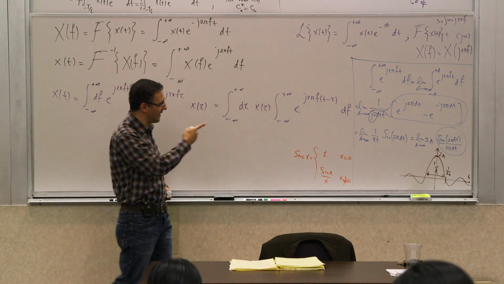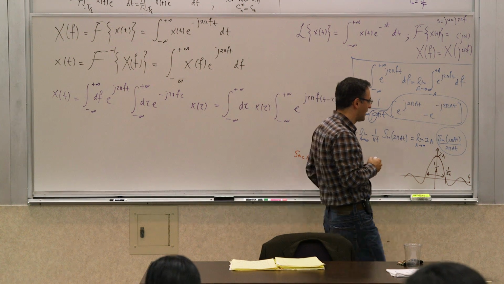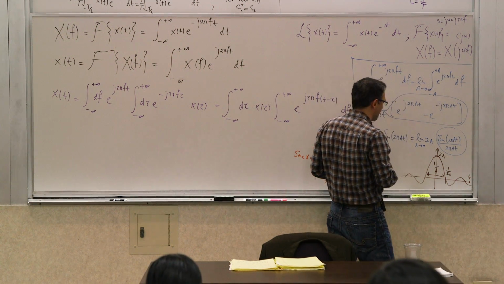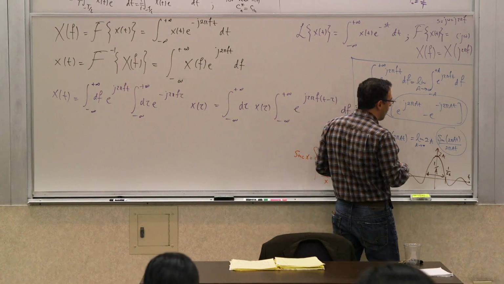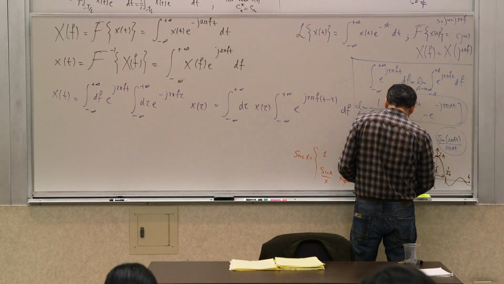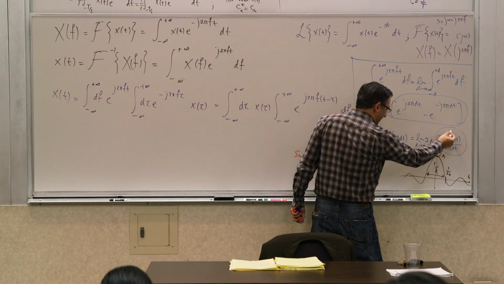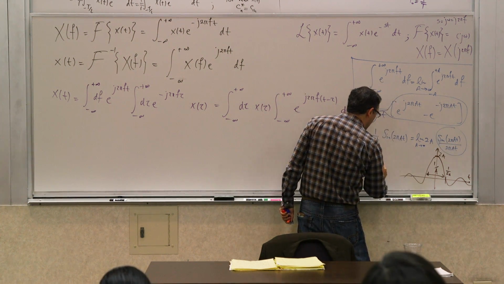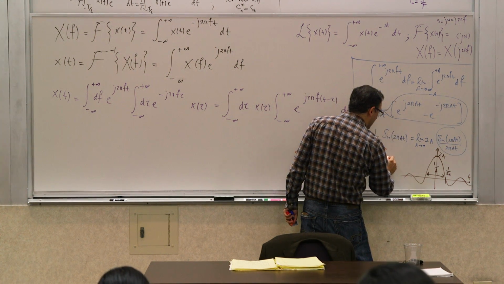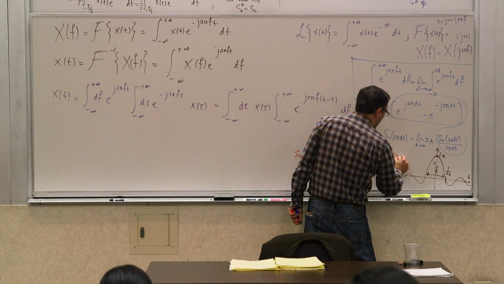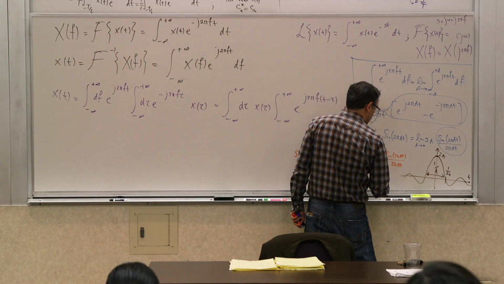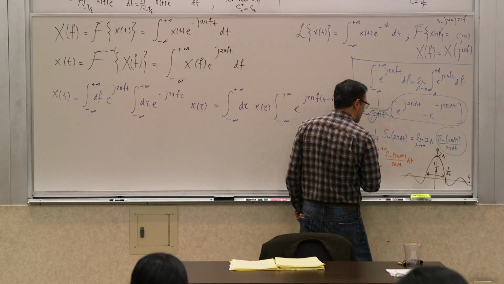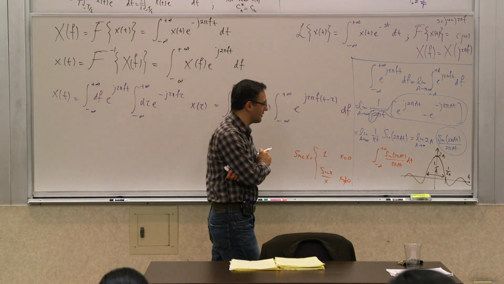So the question is, is the area of this thing 1? To determine the area, we have to look at the integral from negative infinity to positive infinity of sine of 2 pi at over 2 pi at, dt. If I calculate that integral, what is that?